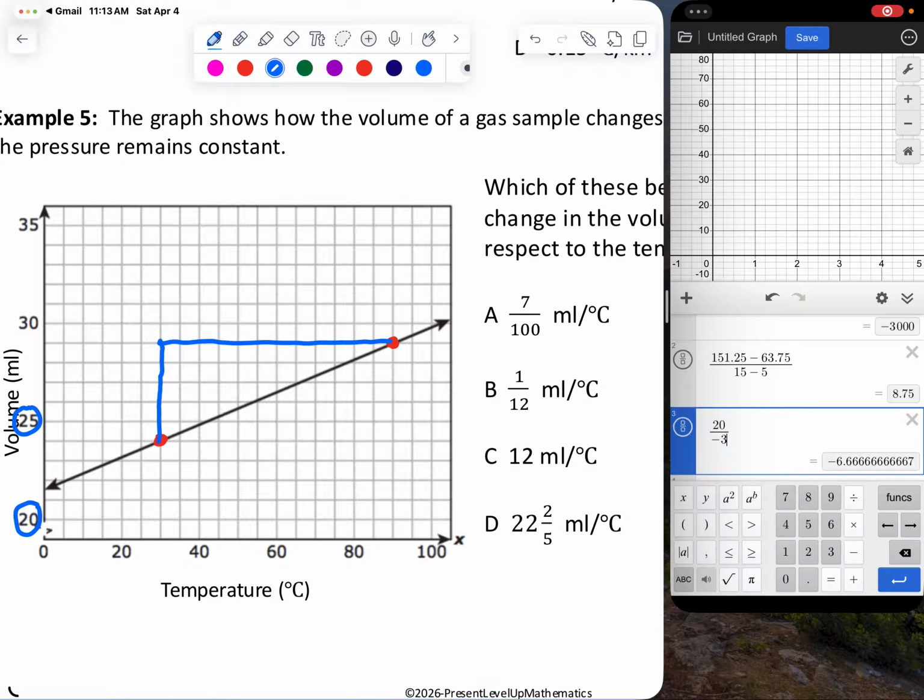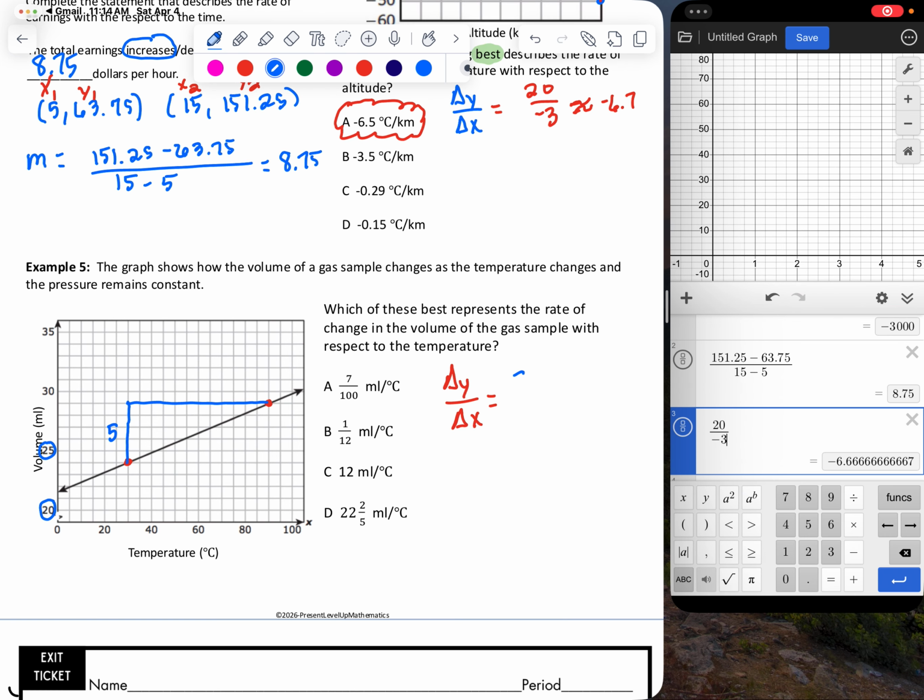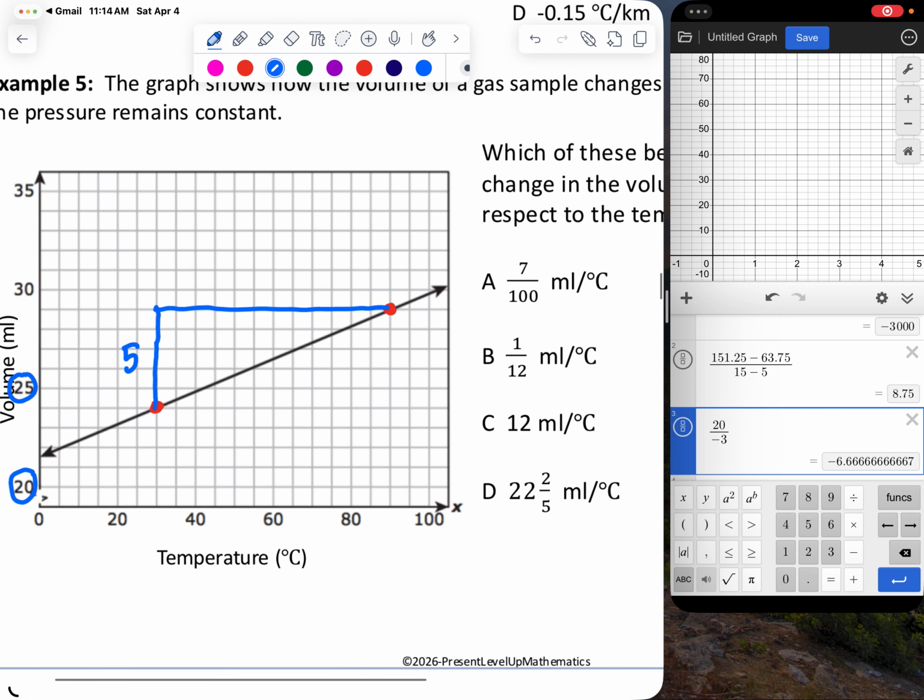So this must be going by ones. 20, 21, 22, 23, 24, 25. Yes, going by ones. So up 1, 2, 3, 4, 5. All right, so I think this is going up by 5 units. All right, so let me write that down over here. Change in y, 5.